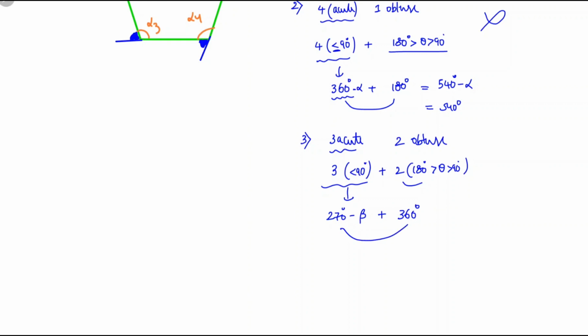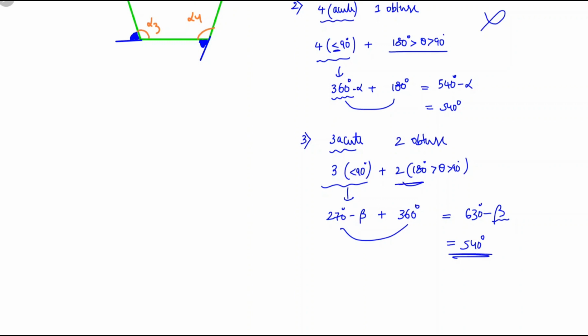Now we can see that this sum is equal to 630 degrees minus beta. So we can say that for some value of beta, this value will be equal to 540 degrees.